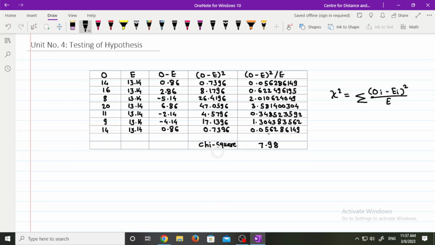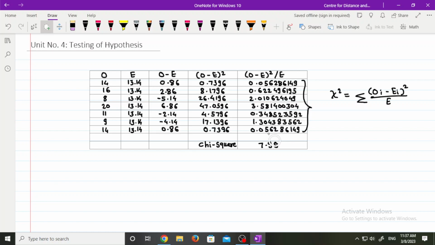After this, in the last row we have to calculate chi square, and the formula for chi square is the summation of O_i minus E_i bracket square whole divided by E, that is the sum of all these values: 0.056286149 plus 0.622496195 and so on up to the last term 0.056286149, and whole divided by E, that is 13.14.